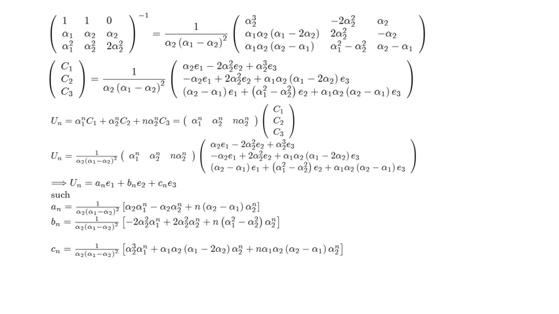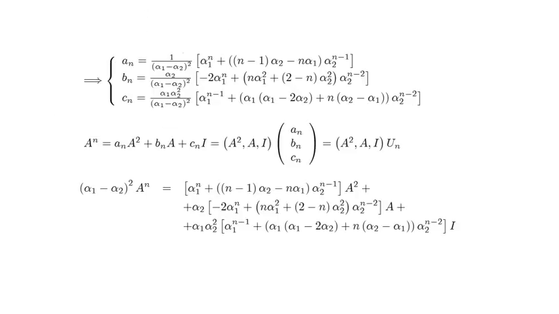So the constants have this form, and finally U_n has this formula, and a_n, b_n, c_n also have this formula. We generalize here a_n, b_n, c_n, and the n power of A finally verifies this relation.